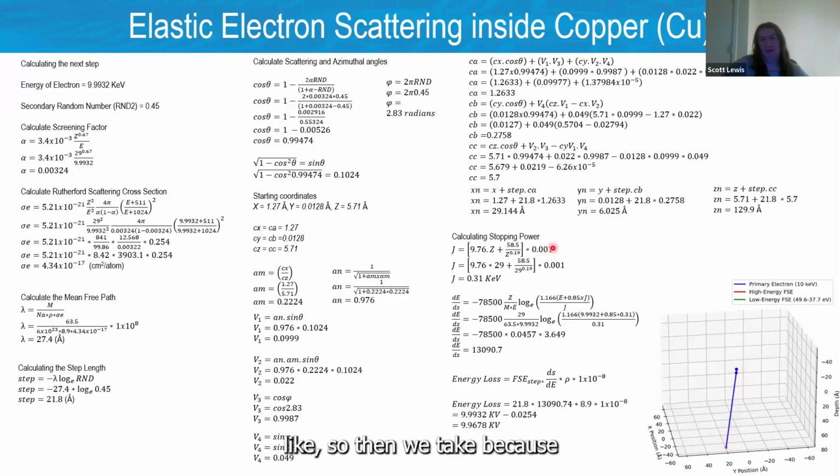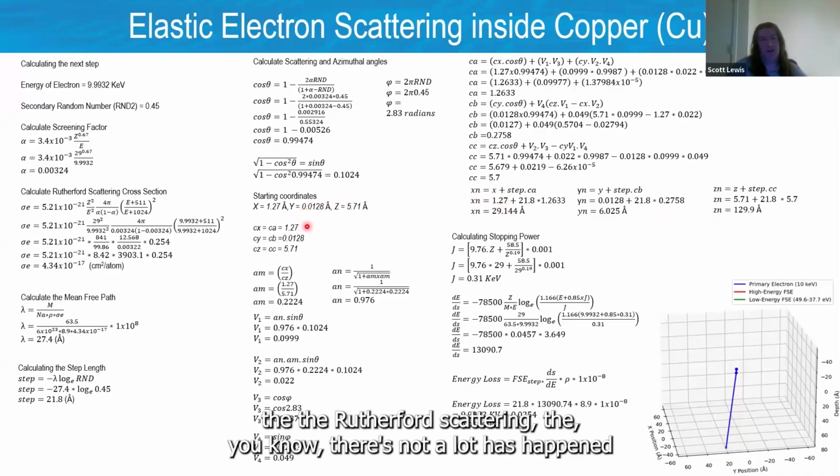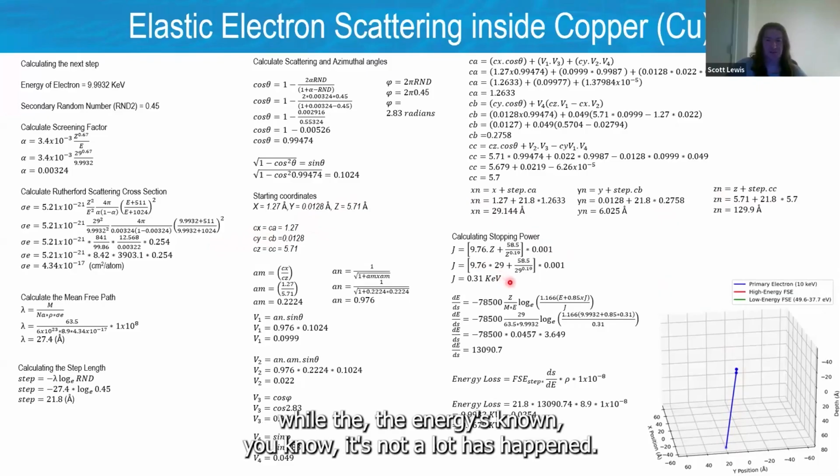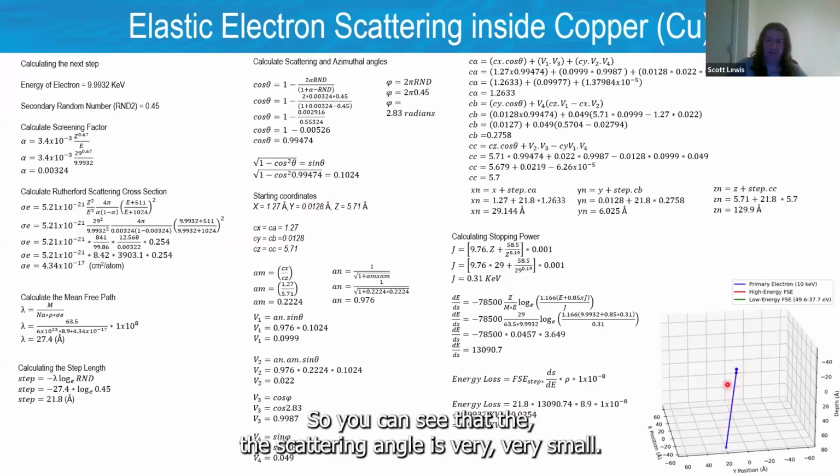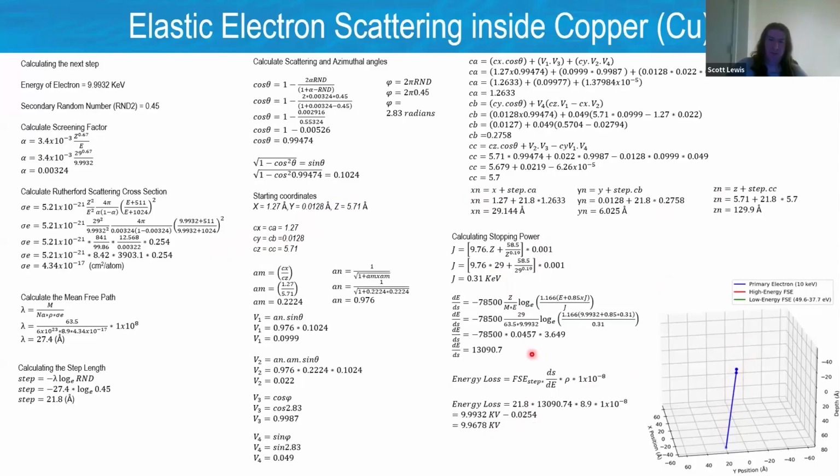Then, because of the Rutherford scattering, not a lot has happened, right? The energy's not changed a lot, so I wouldn't expect these energy losses to be massive. Okay, so you can see that the scattering angle is very, very small.